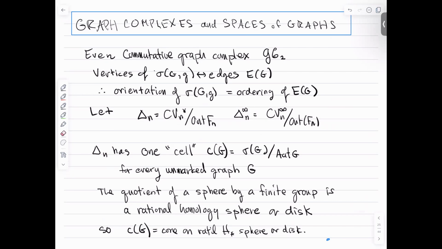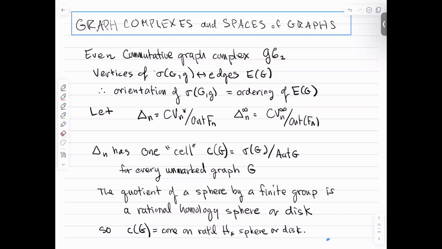So notice that the vertices of one of the simplices associated to a marked graph correspond to the edges of the graph. So when you orient the simplex, you order its vertices. So an orientation of the simplex corresponds to an ordering of the edges of the graph.